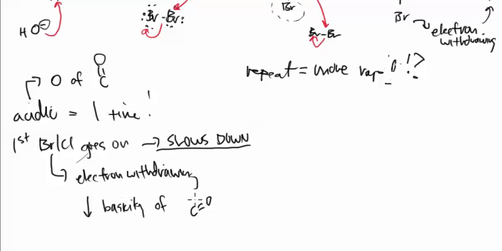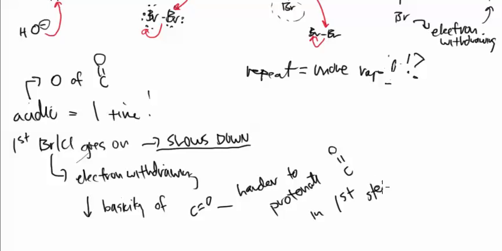So it makes the protonation of the carbonyl a little bit harder. So it's going to be harder to protonate the C double bond O in the first step. And that is the major difference between acid and base mechanism.